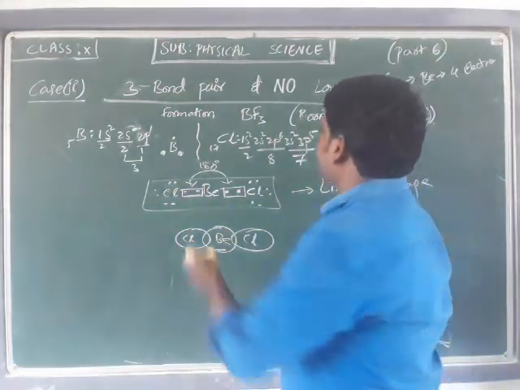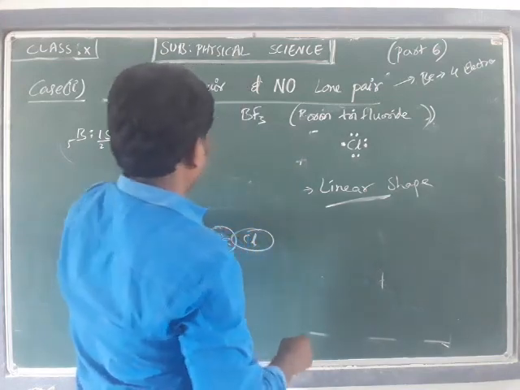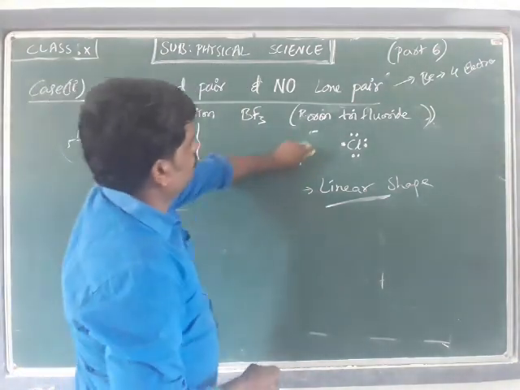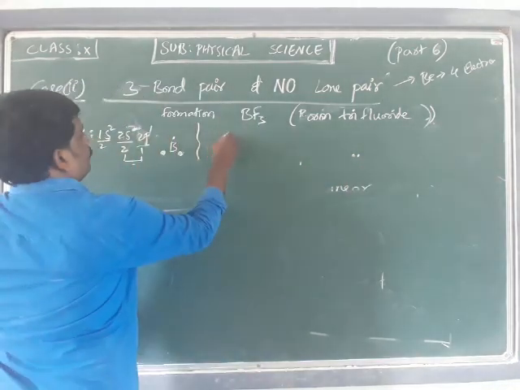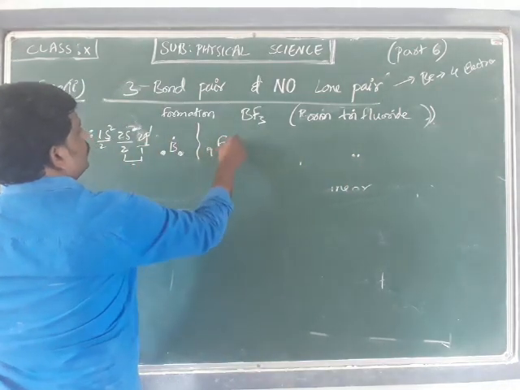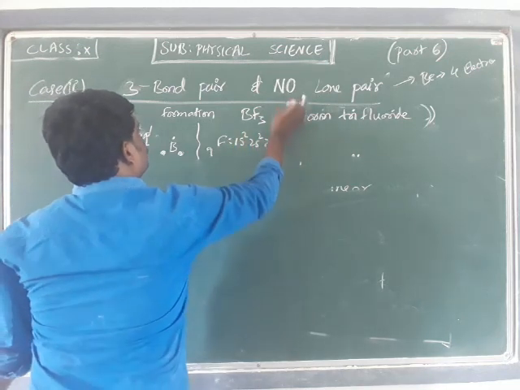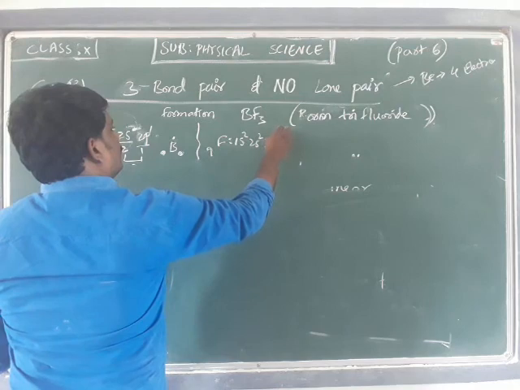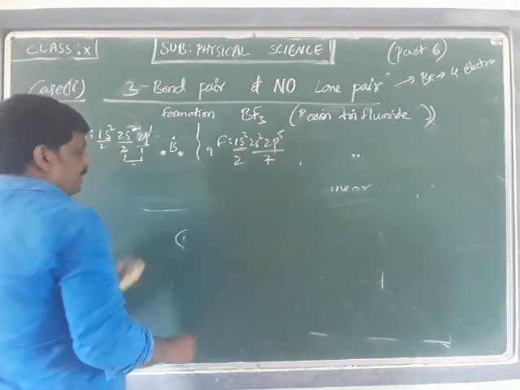Whereas if I take the fluorine configuration here, the fluorine atomic number is 9, that is 1s2, 2s2, 2p5. So 2 electrons here, 7 electrons in the outermost shell.